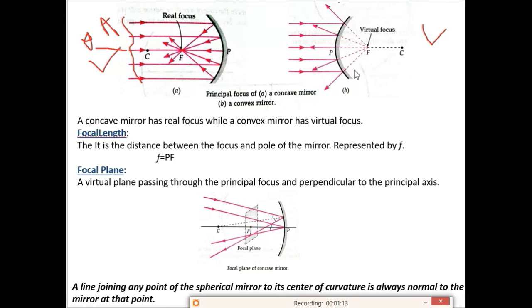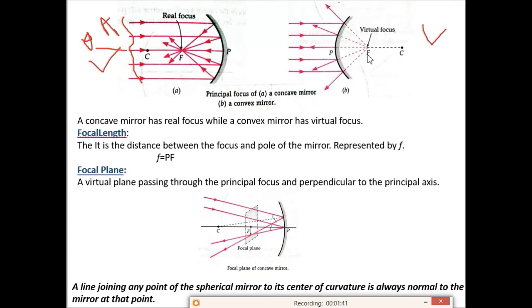In figure B, it is a convex mirror. We see that the beam of light passing parallel to the principal axis gets diverged from some point F after reflection. So this point F is called the principal focus for a convex mirror.